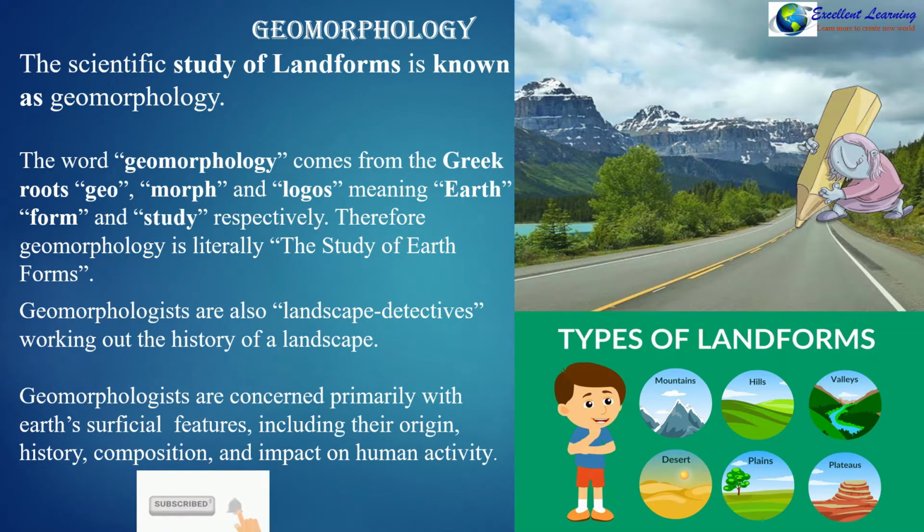Children, before starting our lesson, let me explain what is meant by geomorphology. The scientific study of landforms is known as geomorphology. The word geomorphology comes from the Greek roots geo, morph and logos, where geo means earth, morph means form, and logos means study.